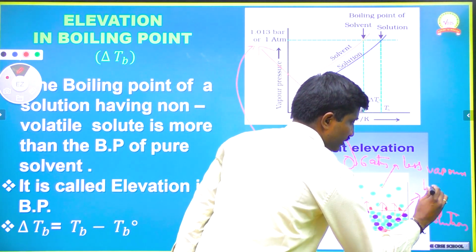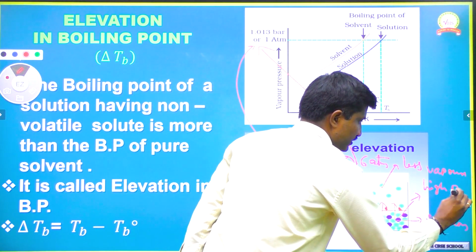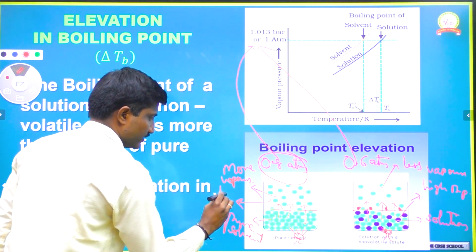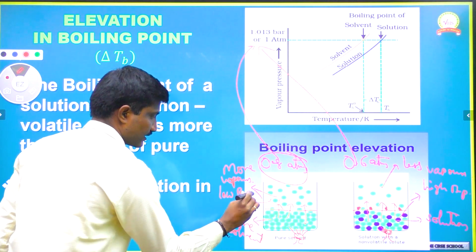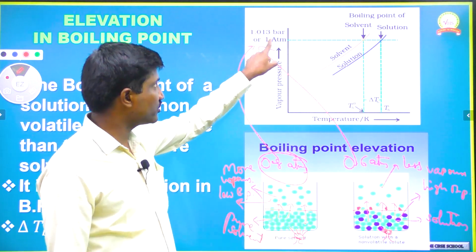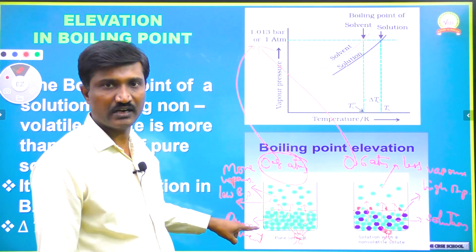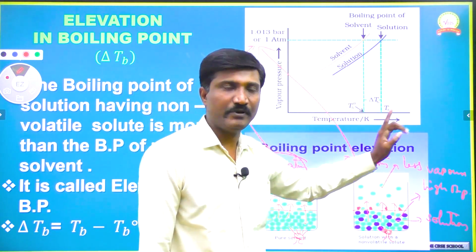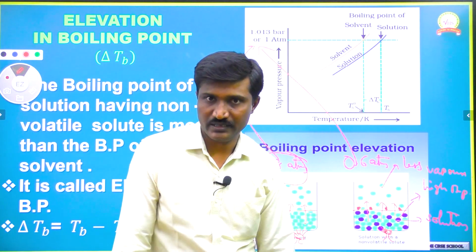So this one shows a high boiling point and this one shows a low boiling point. This one reaches atmospheric pressure at low temperature only, so low boiling point. But this one reaches atmospheric pressure at somewhat high temperature, so high boiling point.